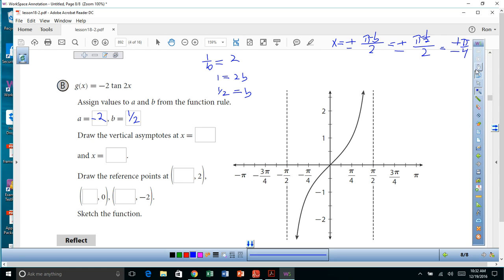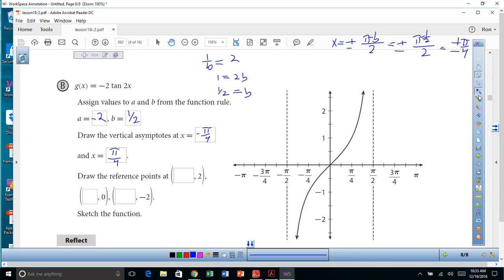So we're going to have vertical asymptotes at negative pi over 4 and pi over 4.